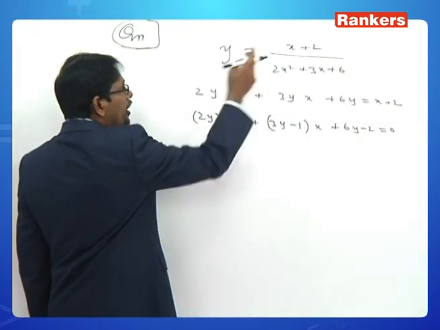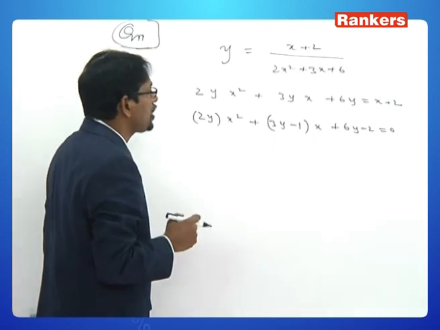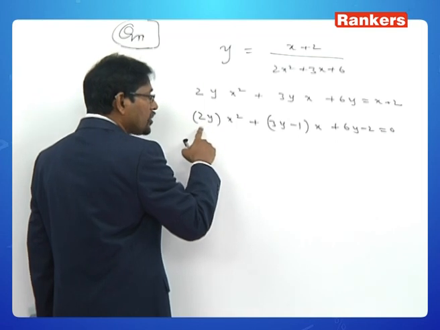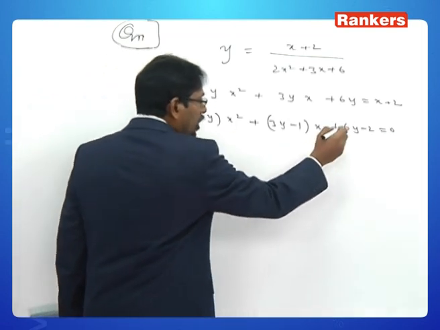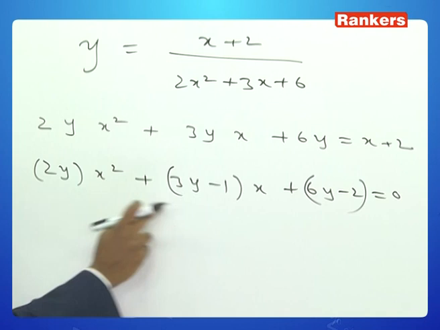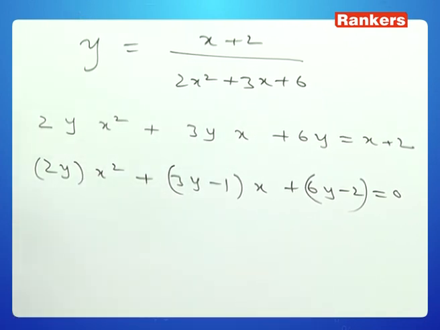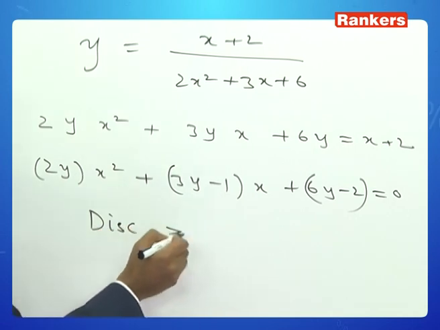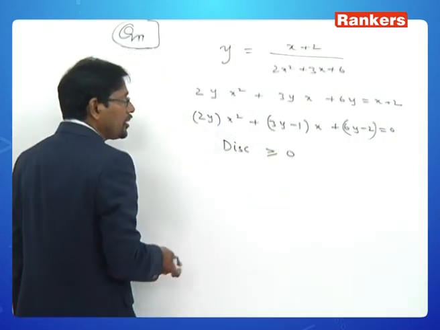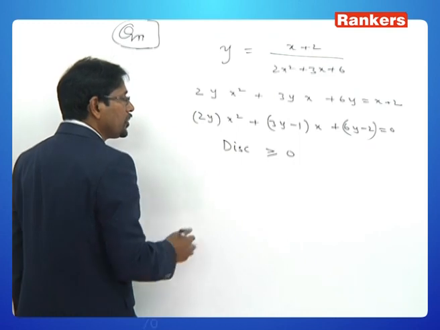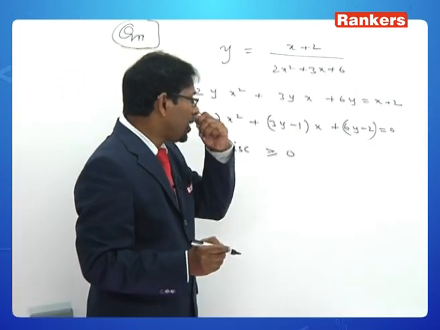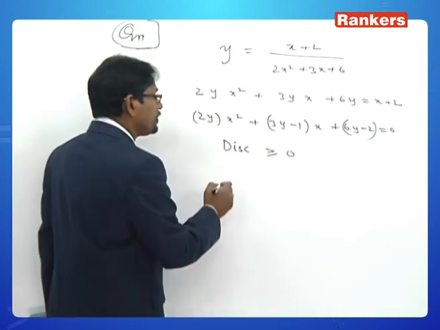Now this x has to be real. Now the question is, for what values of y, which is now treated as a coefficient, is this going to have real roots? So we will find out that by having the discriminant to be non-negative. So discriminant non-negative is the criterion for a quadratic equation to have real roots here.